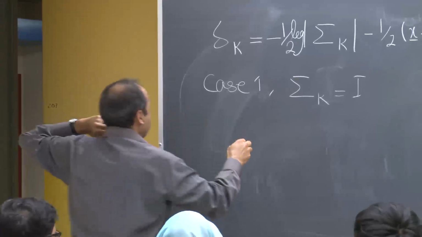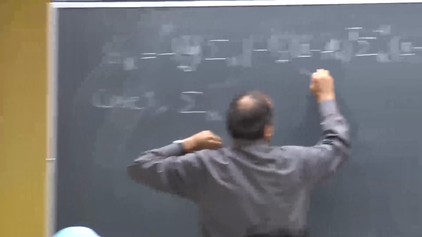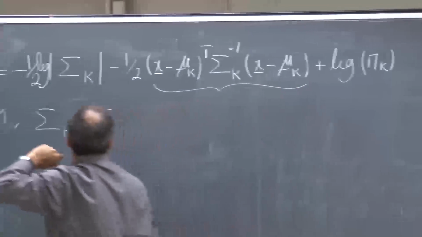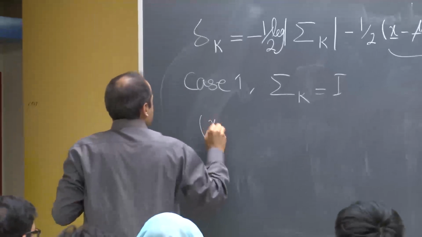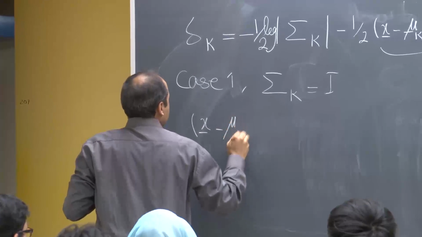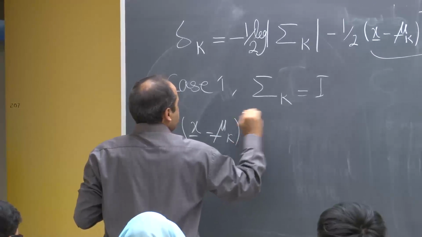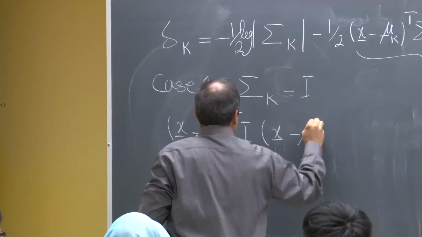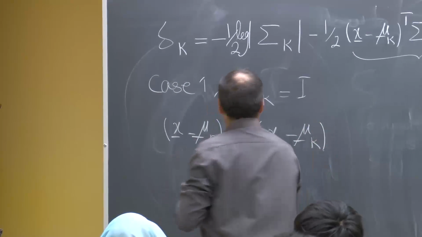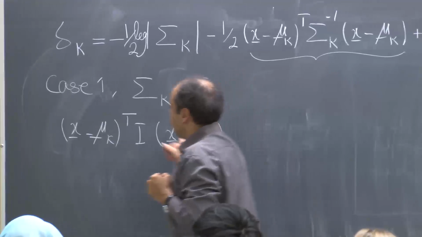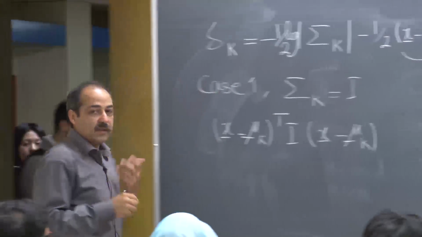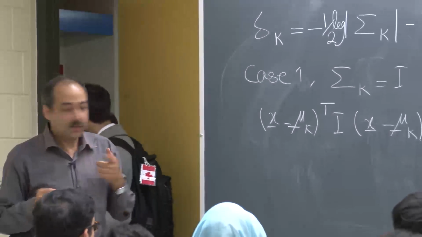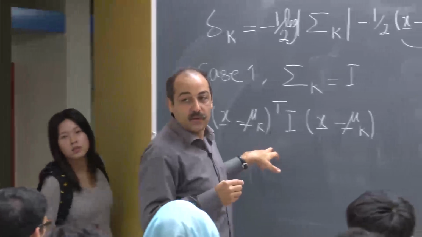So what's going to happen in this term? I'm going to have x minus mu k transpose identity x minus mu k. And we notice that this is a squared Euclidean distance between point x and mu k.